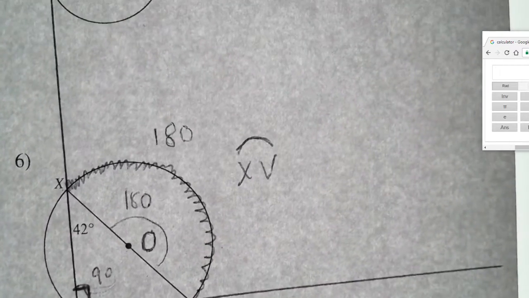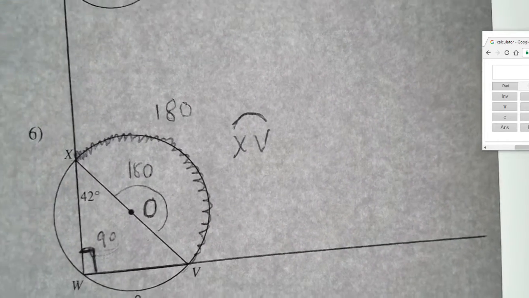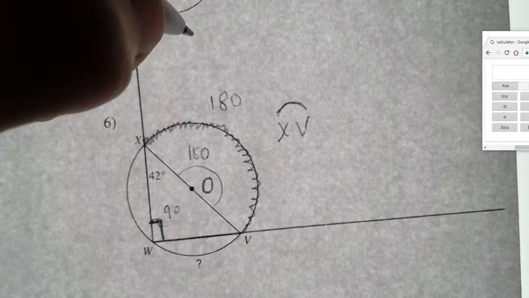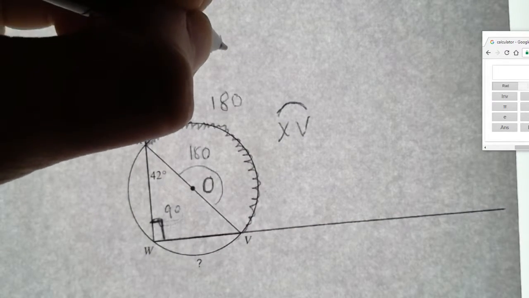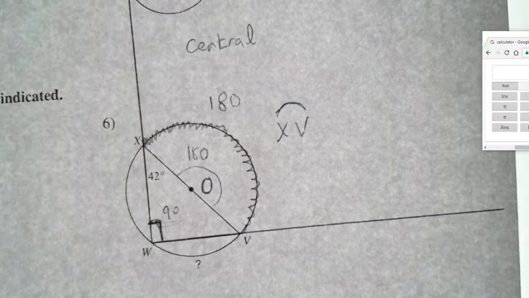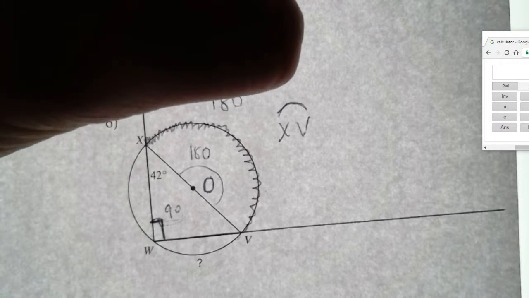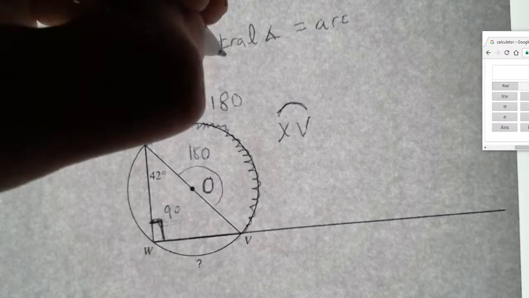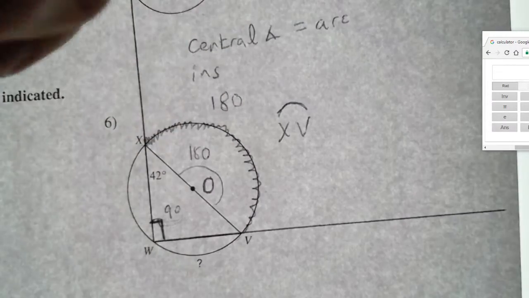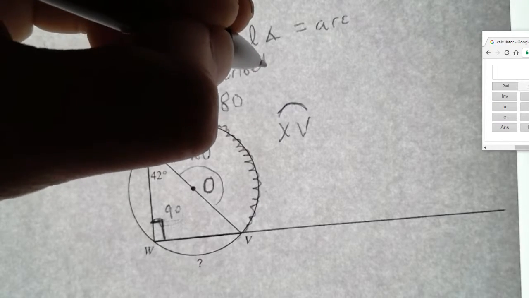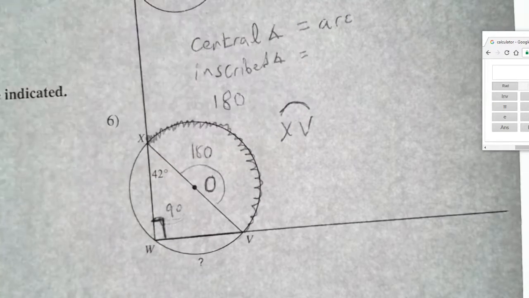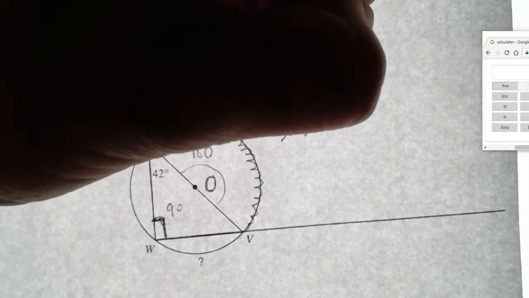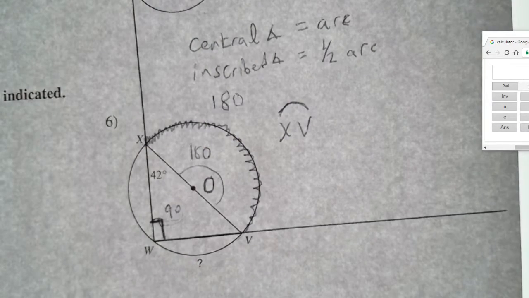So maybe I'll just write that out so you can digest that a little bit. Central angle equals the arc, whereas an inscribed angle is equal to 1/2 times the arc.